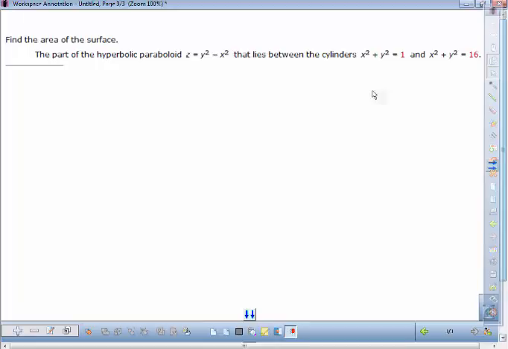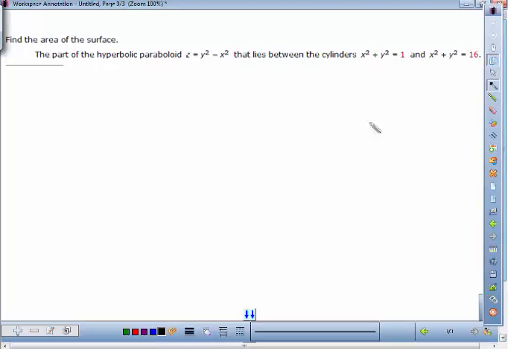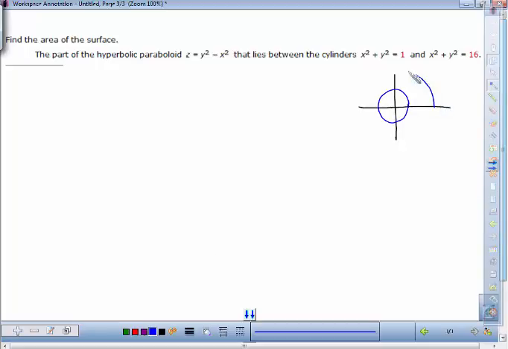But we have 2 cylinders, and that's what we want to focus on. On the xy plane, you look at x squared plus y squared equals 1, and x squared plus y squared equals 16. So we have a couple of circles, radius 1 and 4, and the region that we're integrating over is an annulus.